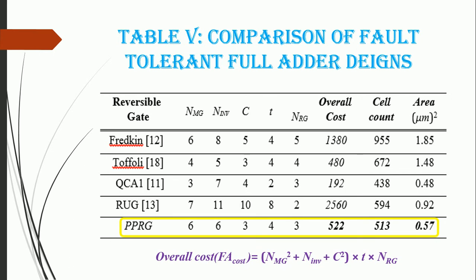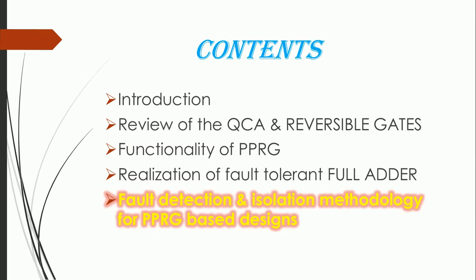And as you can see, PPRG has got better improvement in terms of overall cost, cell count and area. Then moving on to the last part, that is the fault detection and isolation methodology.